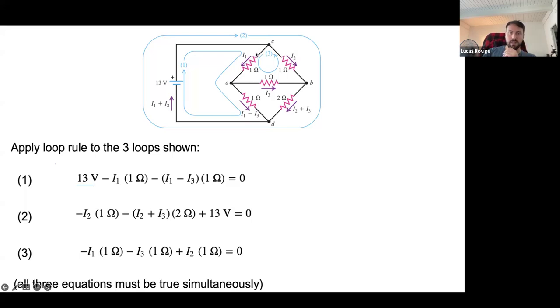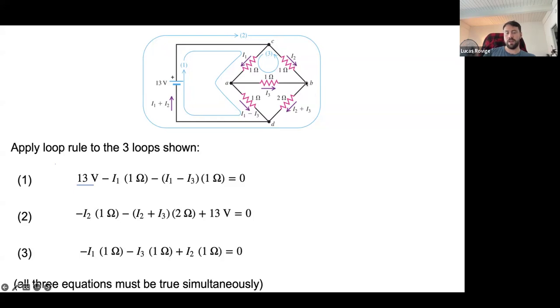And so we see that in that case, we have I1 multiplied by the resistance minus I3 multiplied by this resistance. And here we have to be careful because to close our loop, we have to go against the current here.